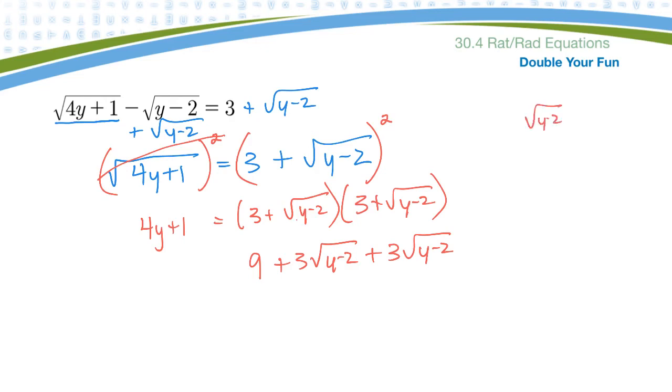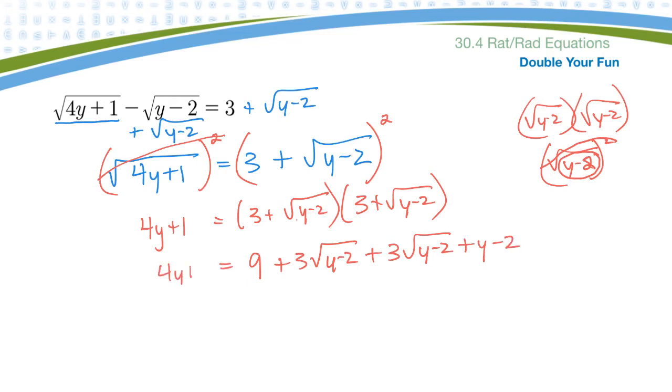Root y minus 2 times root y minus 2 is the same as root of y minus 2 squared, that's a 2, and the 2 and the square root cancel. So the answer to that part is just y minus 2. So plus y minus 2 equals 4y plus 1.